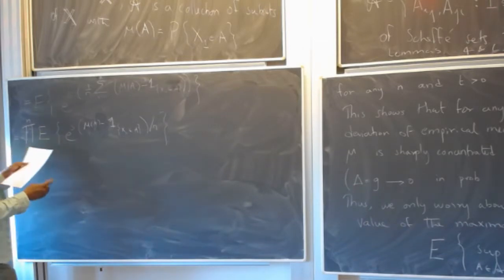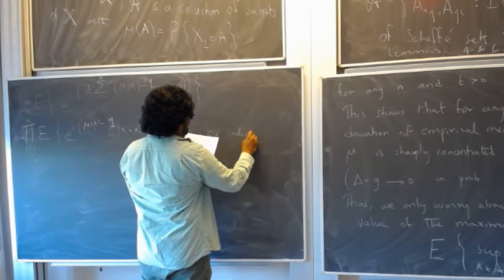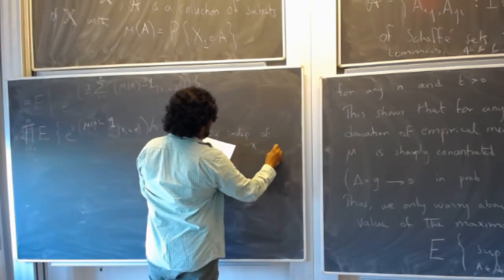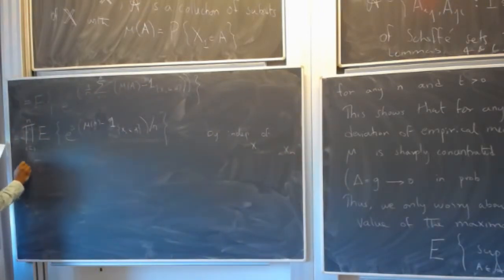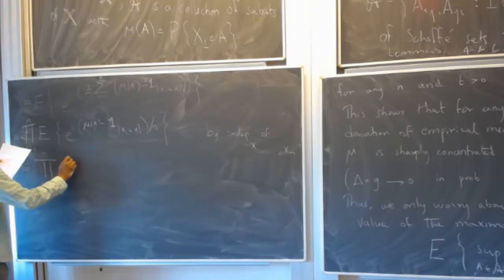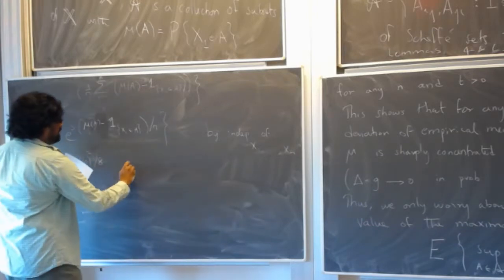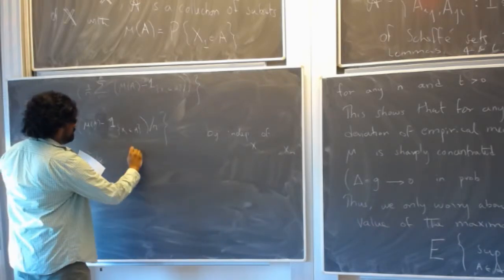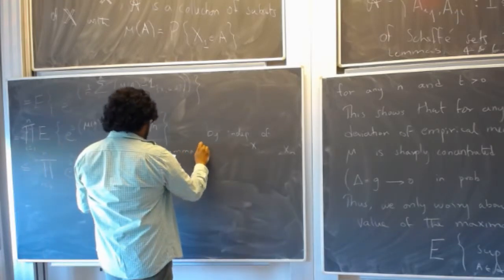Then this is just because we have the independence of x1 to xn, we can do this operation. But this is less than or equal to the product as i goes from 1 through n of e to the s squared times 1 over n, the whole squared, over 8. Okay, this is why our lemma 4 applies.